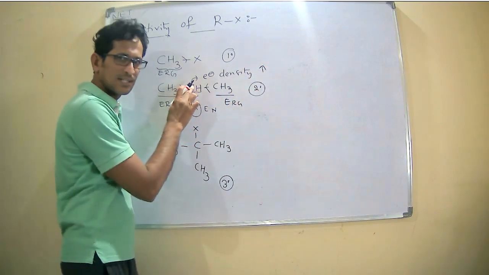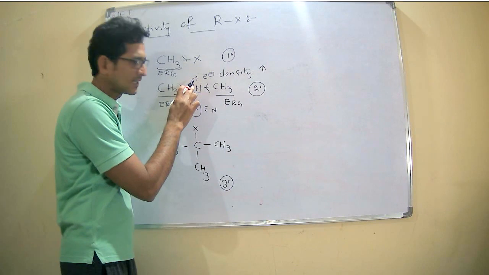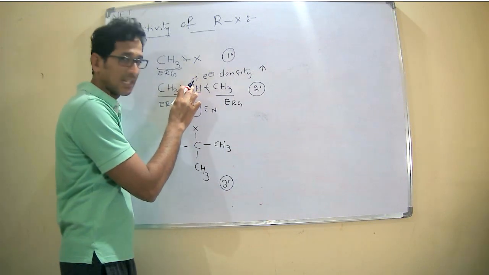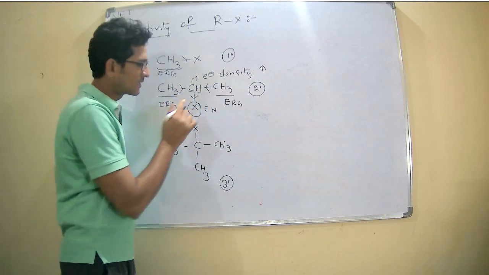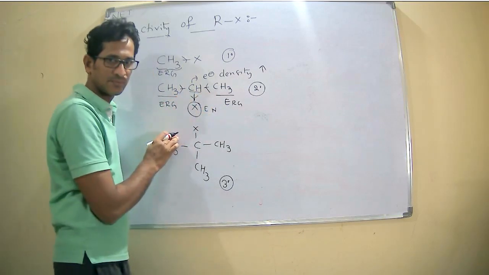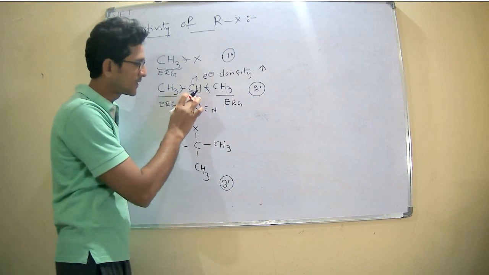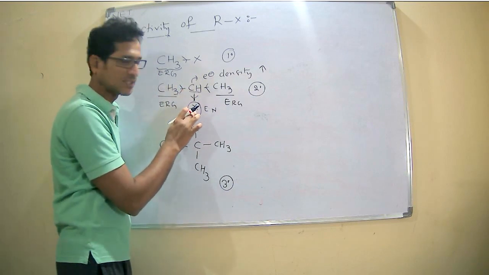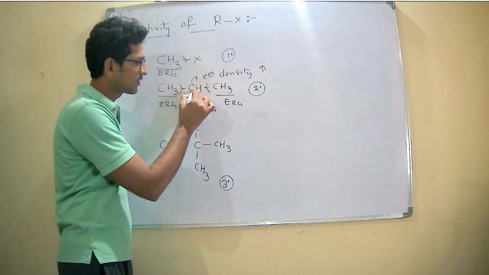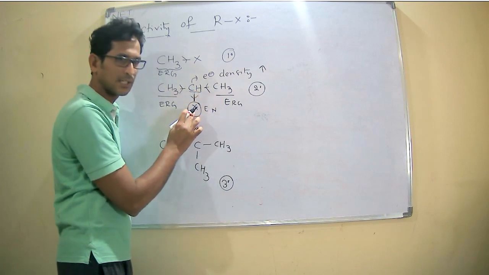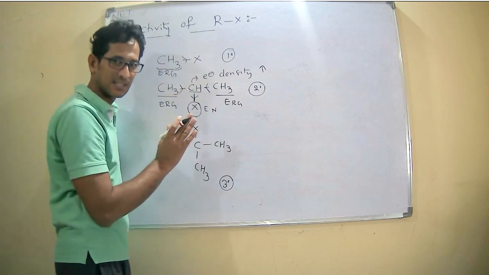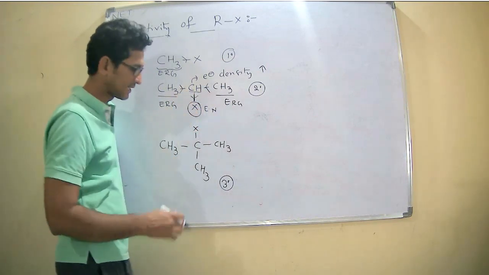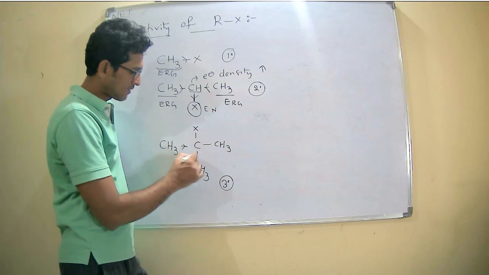Once the electron density at this center carbon increases, it results in a permanent dipole between the carbon and halogen. Once it is receiving electrons, these electrons are again transferred into the halogen. Means here it's showing some reactivity. In the tertiary case, what happens?